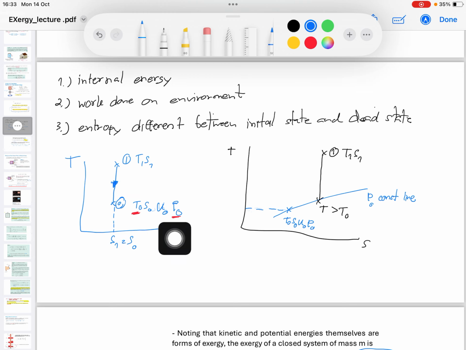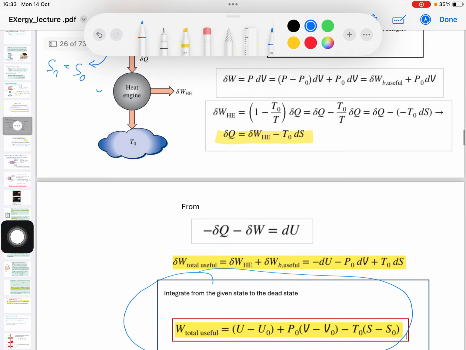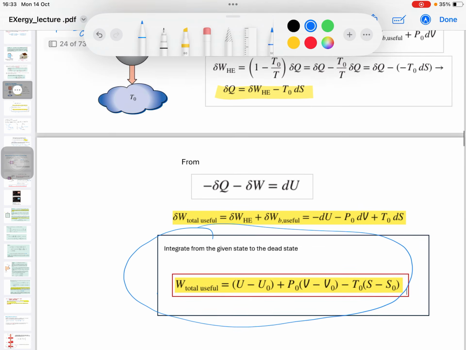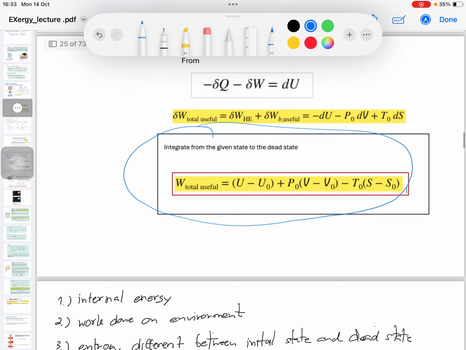And then from this process, I will have T0 and P0 at the same point, all right? So if S1 is equal to S0, I can expand the gas to reach the final state, okay? And then the work produced is equal to the exergy of the system, all right?